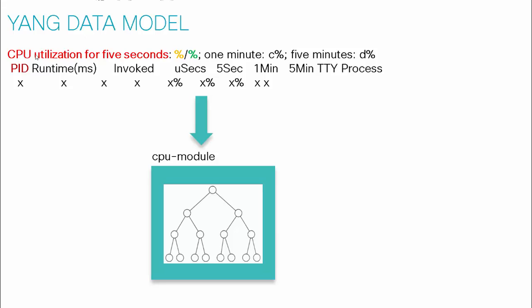We'll have these elements here, CPU utilization for 5 seconds, 1 minute, 5 minutes, TTY, process name, PID. We'll have these elements, and using the Yang modeling language, we'll structure the data in some hierarchical fashion here. Okay? So the leaves here may represent different elements of this show process CPU command.